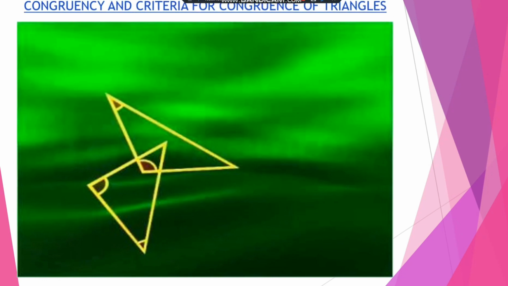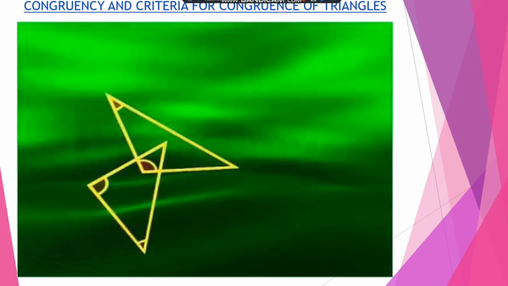Now let's try to understand congruency and criteria for congruence of triangles through an interesting 3D video, which will show you how a figure can be superimposed on another so as to show that two figures are congruent only if they overlap each other side by side or by shape.